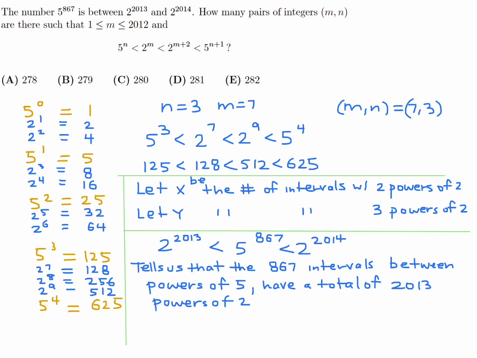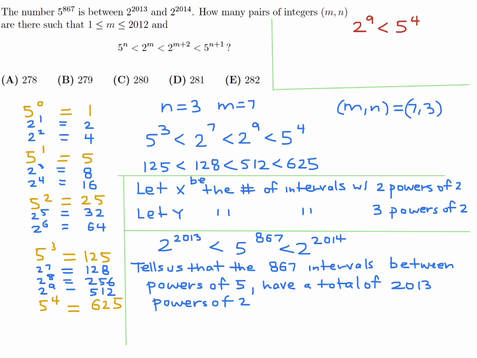Now, if you say, I'm not really getting that, no problem. I'll explain it to you a little further. And I'll explain it with this simple explanation right here. Let's say, from this, I wrote that 5 to the power of 4 is greater than 2 to the power of 9. Well, that's definitely true. As you can see, 2 to the power of 9 is 512, and 5 to the power of 4 is 625.